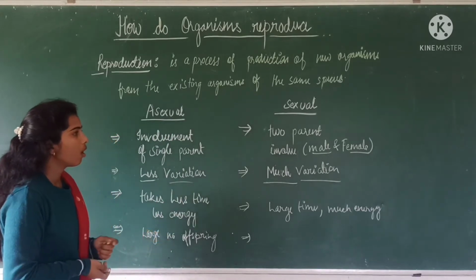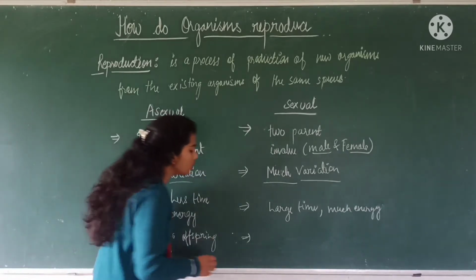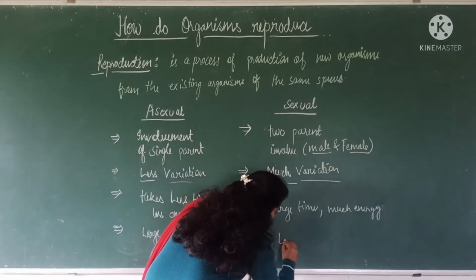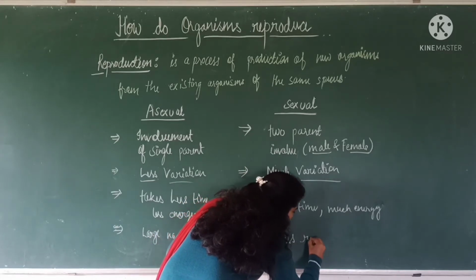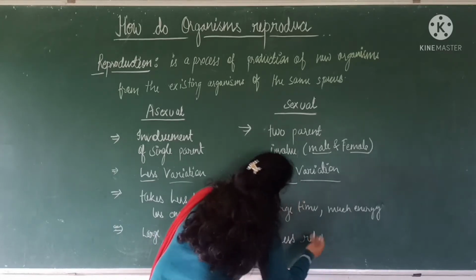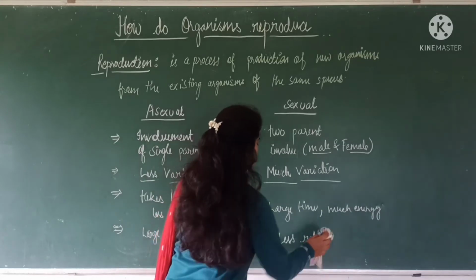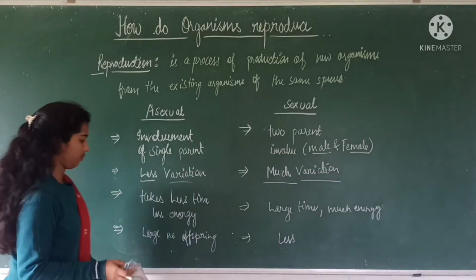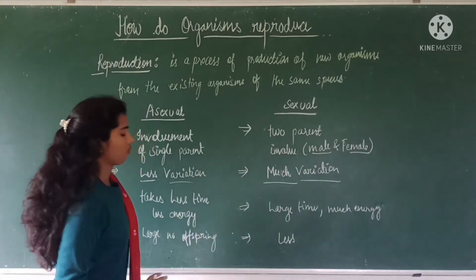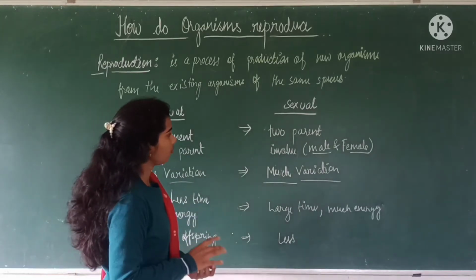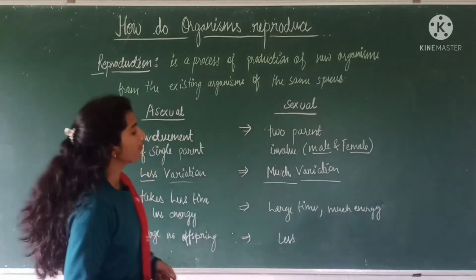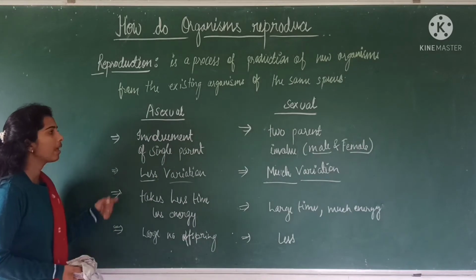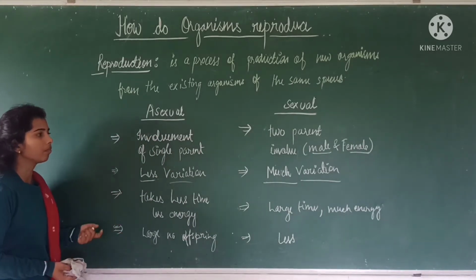So the number of offspring produced is relatively less. Now we can differentiate between asexual and sexual reproduction.